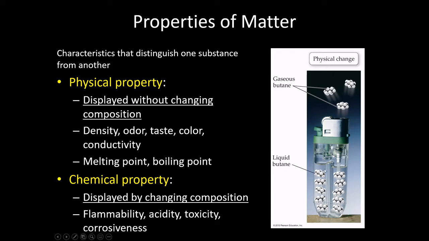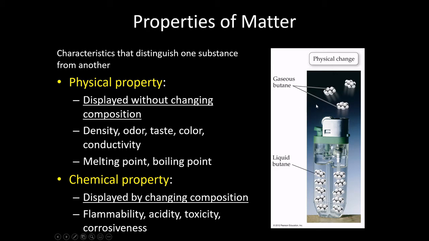So the example that's given here, you have liquid butane in a lighter, and if you just press down on the little lever here so you don't strike the match portion here, you just push down on the lever. What it does is it opens the container so that the butane can start to escape, and the butane will instantaneously begin to go into the gas phase, and that is a physical change.